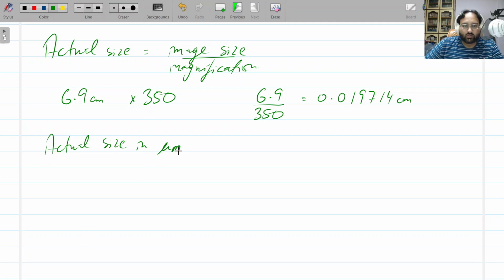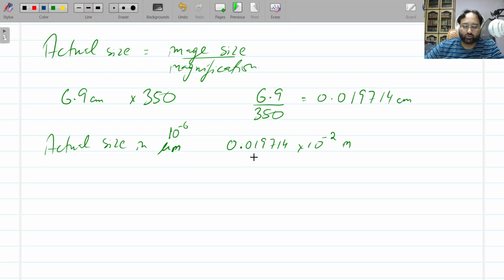So when this is in centimeters, this is 0.019714 into 10 to the power minus 2 meters. And we know that micrometers is 10 to the power minus 6. So what we need to do is shift the decimal place.